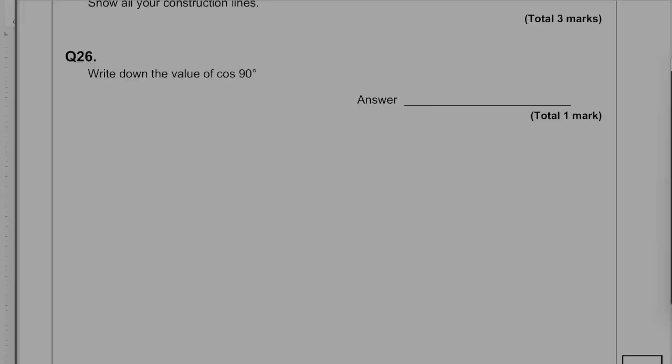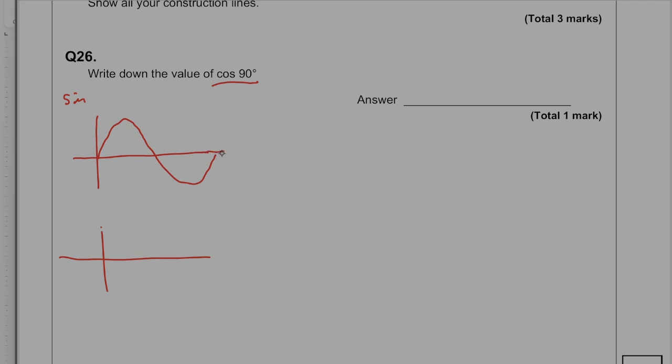Okay, question 26, write down the value of cos 90. Your method for this is slightly up to you. I always view it in terms of the two graphs. So sine starts at 0 and oscillates over a 360 pattern. And cos does the opposite. It starts at 1 and oscillates over the 360 pattern.